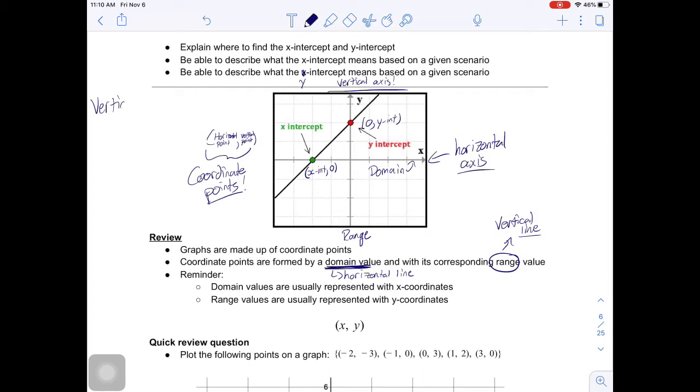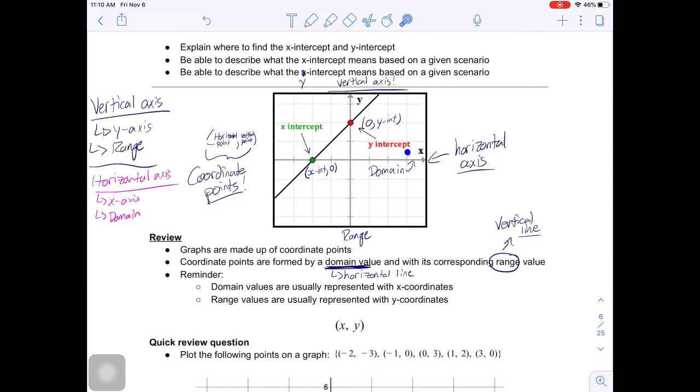Your vertical axis, so this one going straight up and down, is usually referred to as your y-axis. Something else it's referred to as is your range. So your range is your vertical. Your horizontal axis is known as your x-axis, and this is known as your domain.